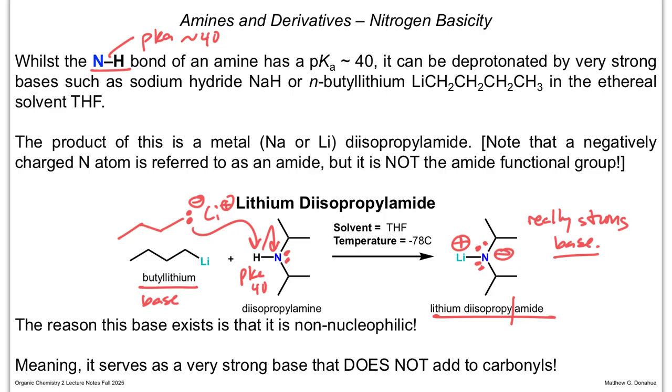The other benefit of it is these isopropyl groups are pretty big. So even though nitrogen is negatively charged, it doesn't act as a nucleophile. It just acts as a base, meaning that it's just going to abstract acidic protons. It doesn't do nucleophilic additions.